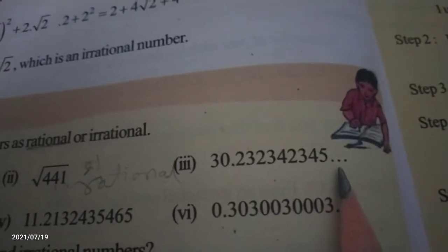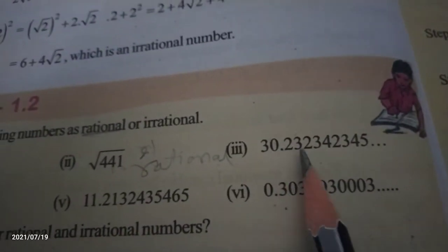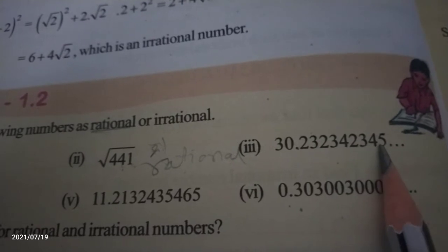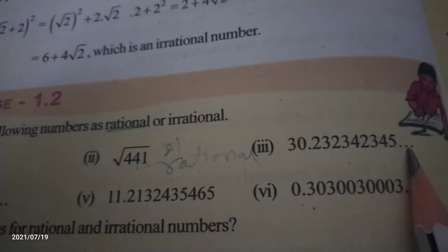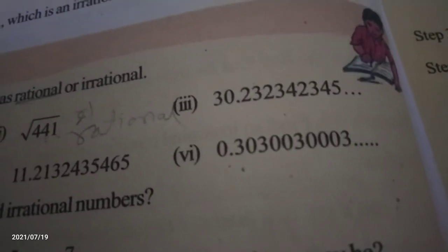Come to the second one. What is that? 30.23234223 and 4, 5 up to so on. The last part, up to so on, means after this point we have so many digits.